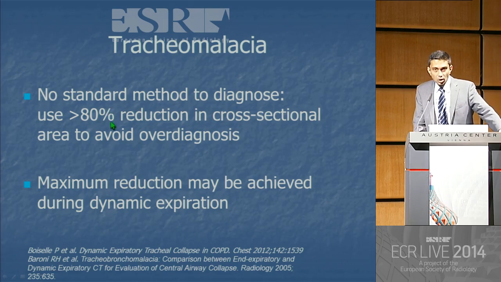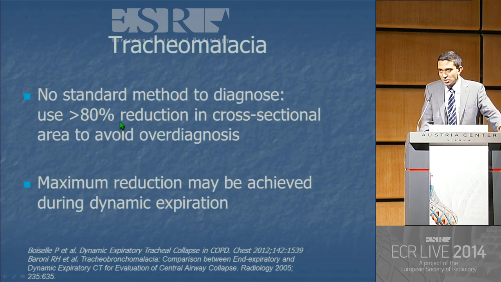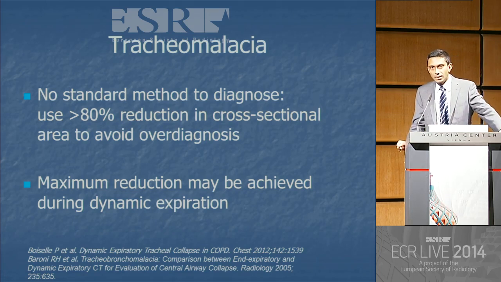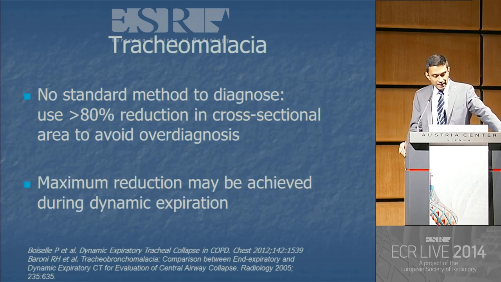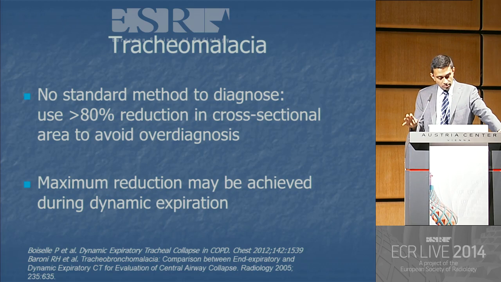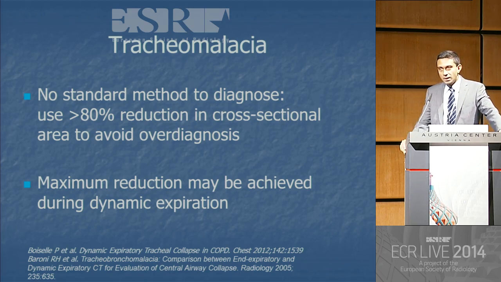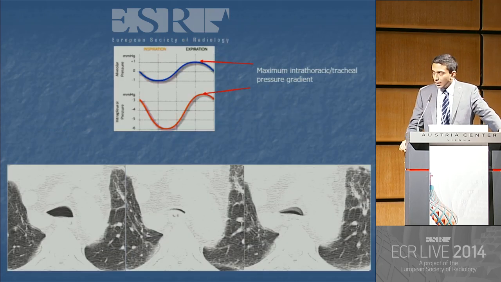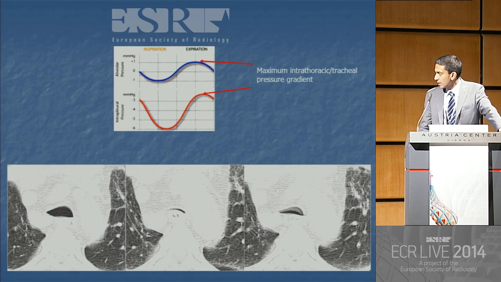Otherwise, you will be over-diagnosing cases, because it has been shown, just as it has with air trapping, that there is a significant overlap between healthy individuals and pathologically diseased individuals as far as the amount of tracheal collapse is concerned. An important point technically, as has already been mentioned, is that you can best appreciate the reduction in cross-sectional area by doing a dynamic expiratory CT. And this is illustrated well, I think, in this example.